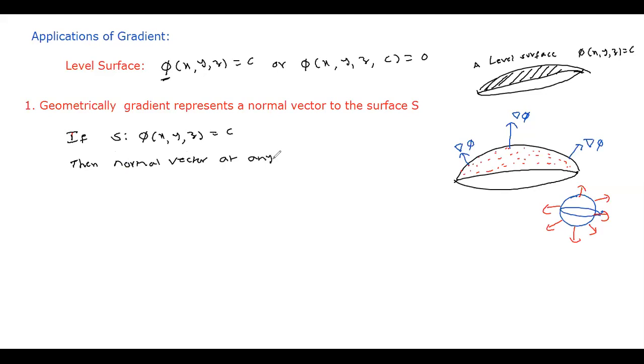The normal vector is denoted n bar. So n bar equals del phi. Now, what is the formula for the unit normal vector?